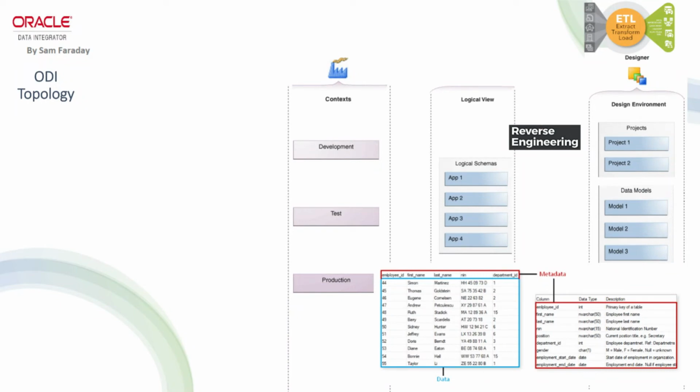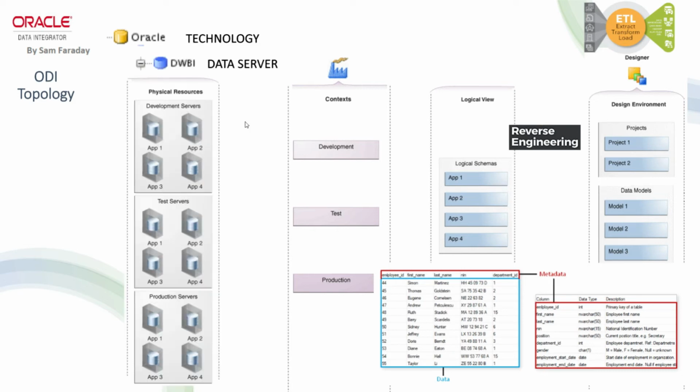So in order to make things easier so that you do not have to do lots of setting up, ODI works with the context idea, which will connect to a physical source, which is indeed a data server.